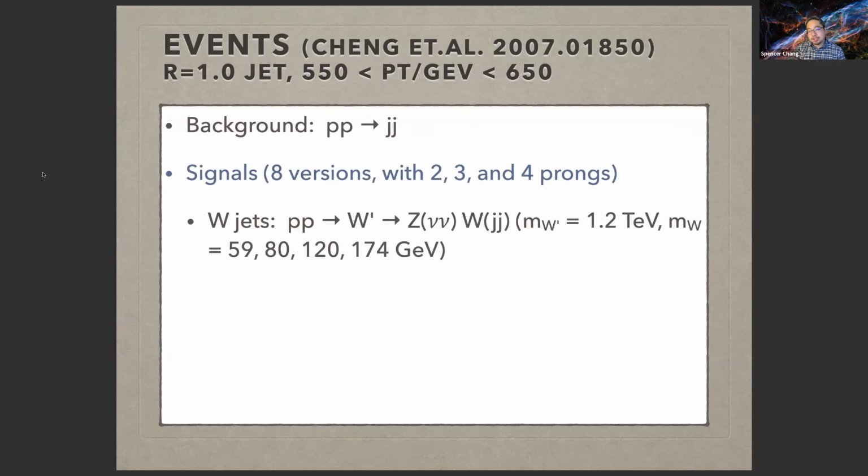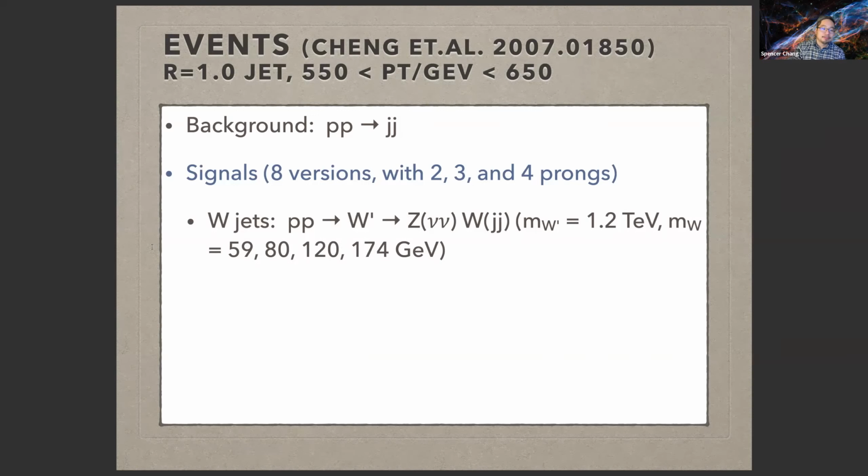The first one is a W jet, where the W is produced in the decay of a heavy particle of about a TeV. It decays into a Z and a W. The Z decays invisibly, so it's not part of the jets. The W decays into 2 jets. So this is a 2-prong, highly boosted W jet, where there are some changes in the kinematics because we changed the mass of the W in this data set. There's a standard model one and one that's a little bit lighter, and then 2 heavier ones.